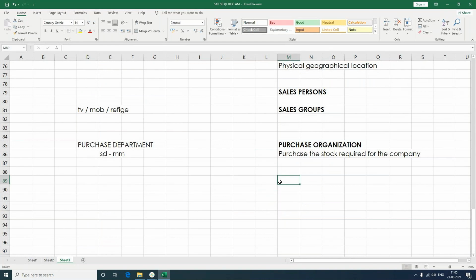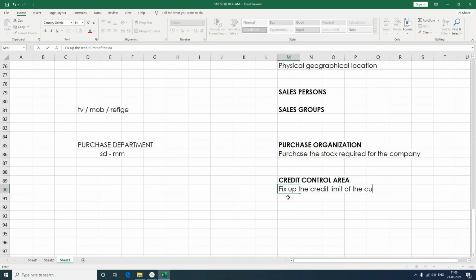Now we have one more terminology, which we call the credit control area. This is related to your finance module. Credit control area, what do they do? This is a team which fixes the credit limit of the customer.